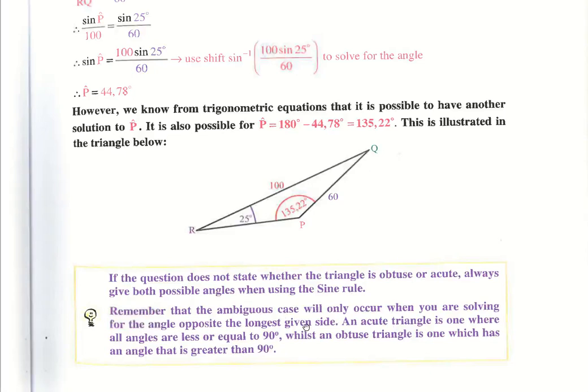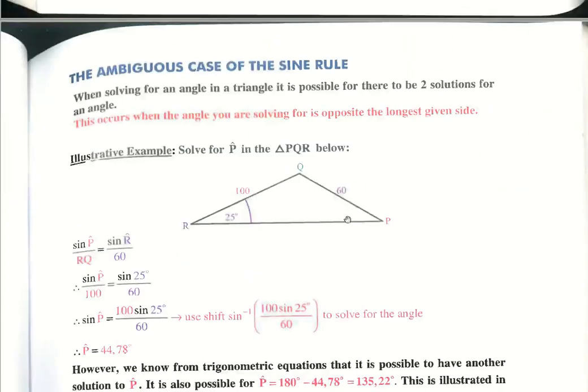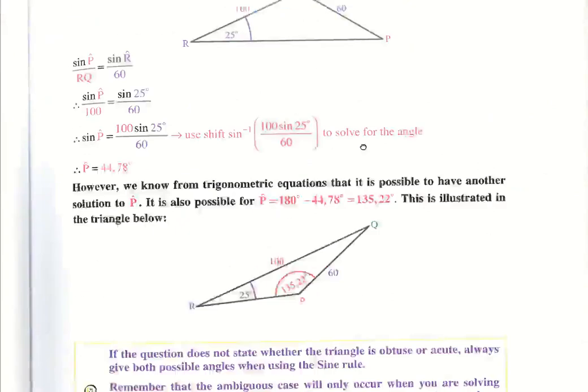An acute triangle is one where all angles are less than 90 degrees, while an obtuse triangle is one where there is an angle that is greater than 90 degrees. This is an obtuse triangle because you have one angle that is greater than 90 degrees. This over here is your acute angle because the angle that you solved for is less than 90 degrees.